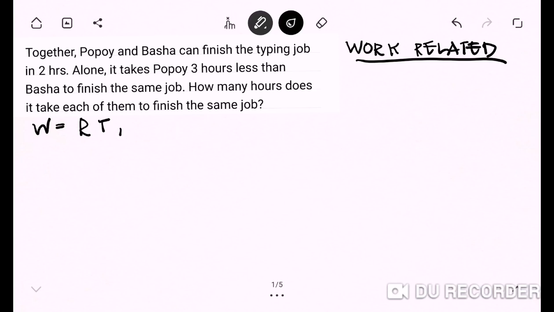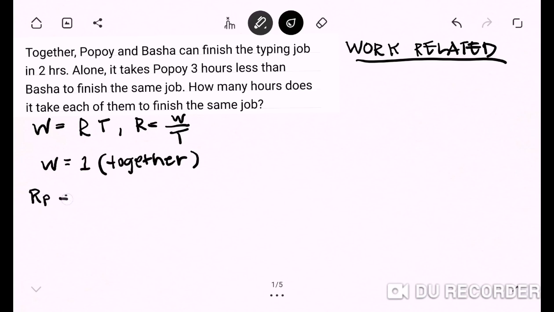O pwede rin nating i-manipulate. So pwede nating sabihin na ang rate ng trabaho ay equal sa work divided by T. Okay, so let's start. So in this case, let's say work is equal to 1. So ito yung work kapag sila ay nagtrabaho together. So isa-isahin natin. So ang rate of work ni Popoy, sabi natin ay 3 hours less than Basha.